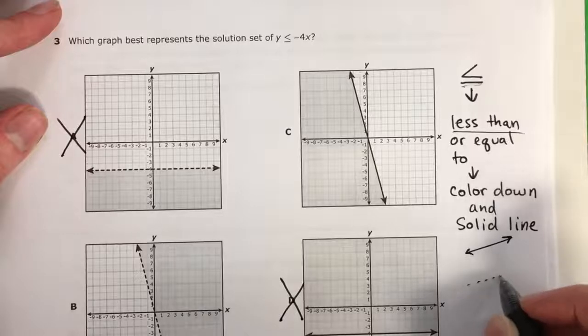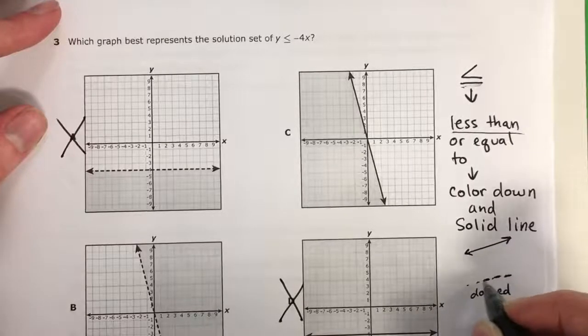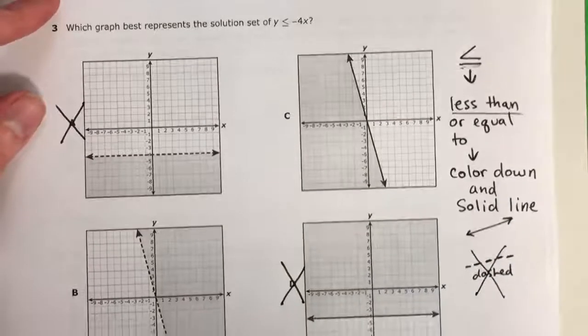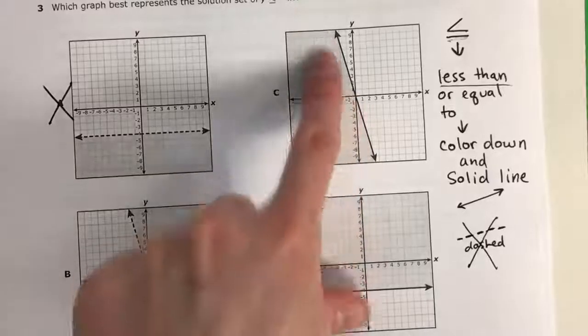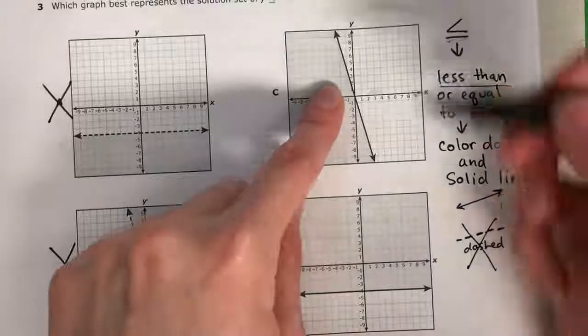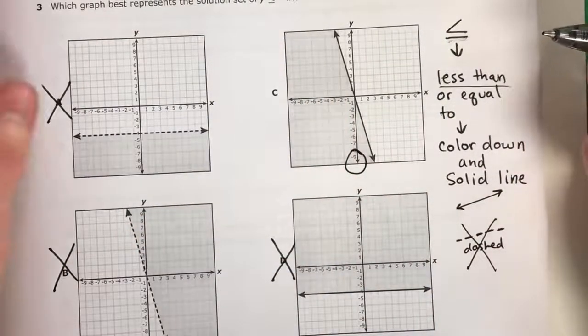Remember, this is dashed. Dashed looks like this. Okay, we don't want dashed. We want solid. So this is solid. This is dashed. So this is not correct. Solid, and the color is down. So that's my answer, C.